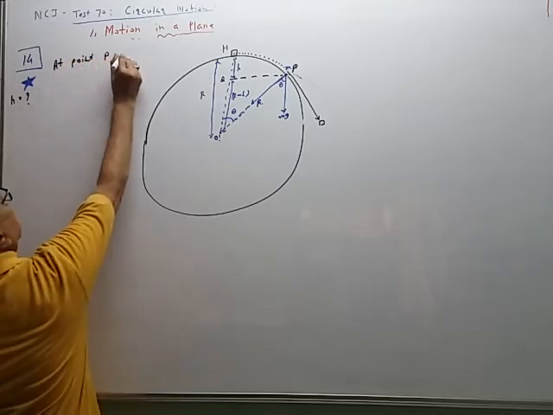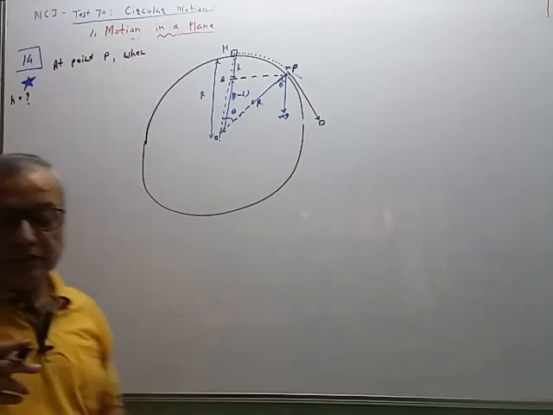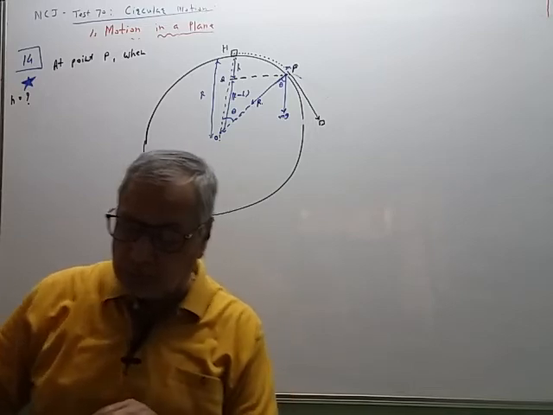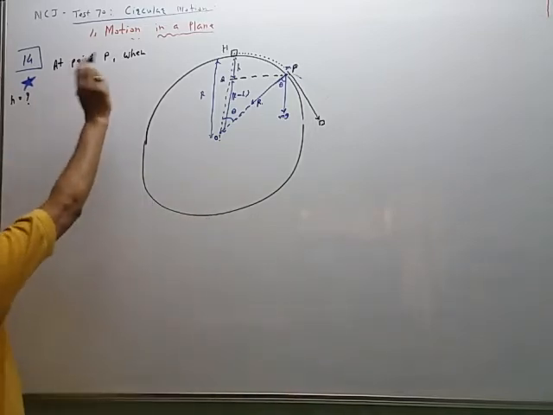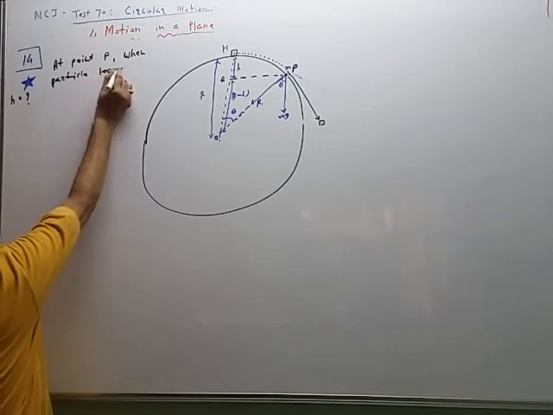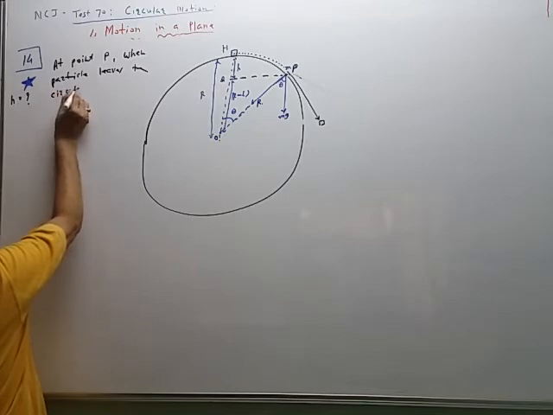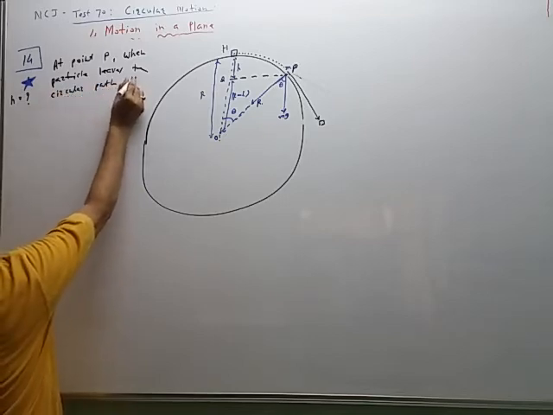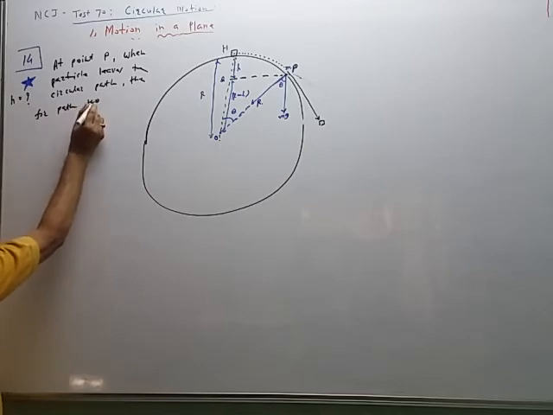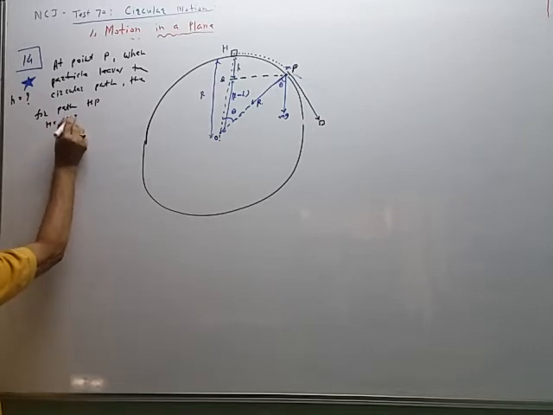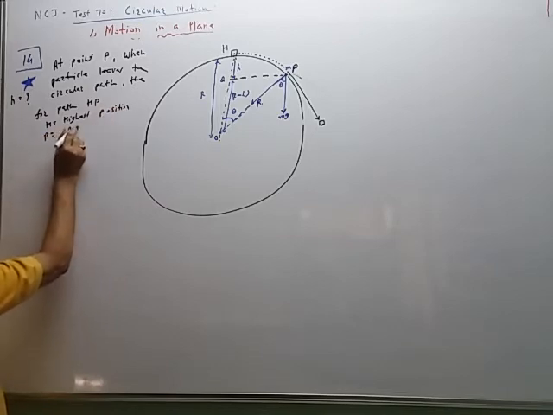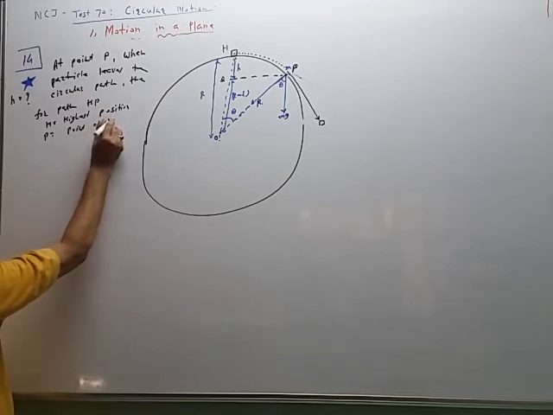At point P, when the particle leaves the circular path, then for the path HP, H is the highest position and P is the point of breaking the contact.